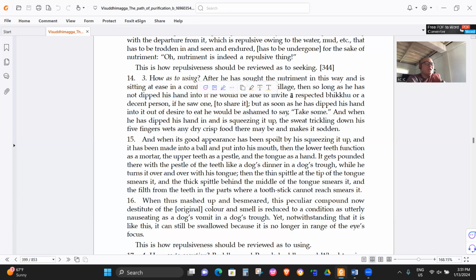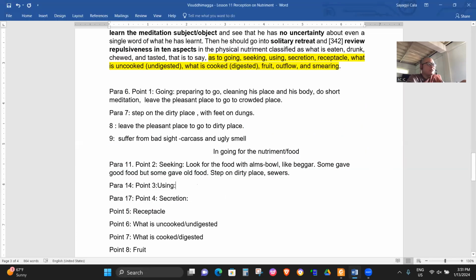So he should not be able to invite people. And then if put inside the mouth, and after you chew with the upper teeth and lower teeth as the mortar and pestle, you get pounded. So finally it becomes dog food, dog's vomit. So this is called repulsiveness in terms of using.